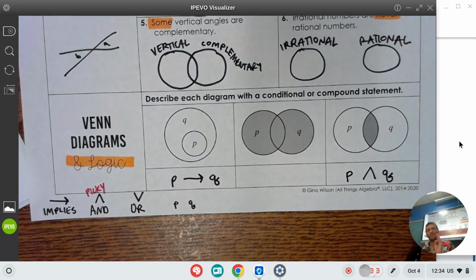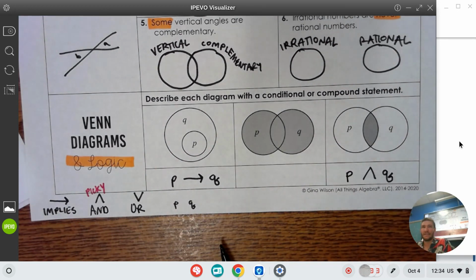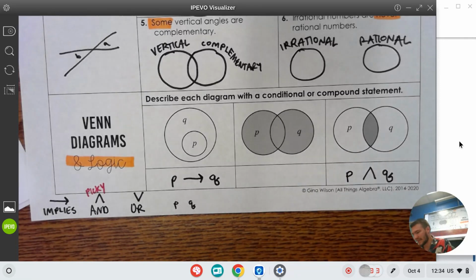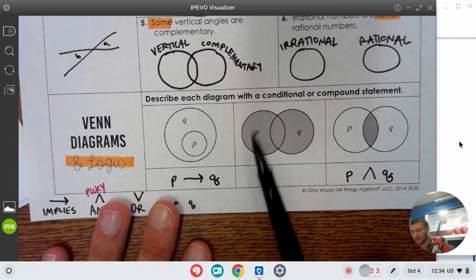Because the only people that get shaded is the subset of people that are both, right? When it comes to Q, when it comes to P, you cannot only be P. You cannot only be Q. You gotta be both, okay? When it comes to the middle setup here, the middle setup is fully colored.